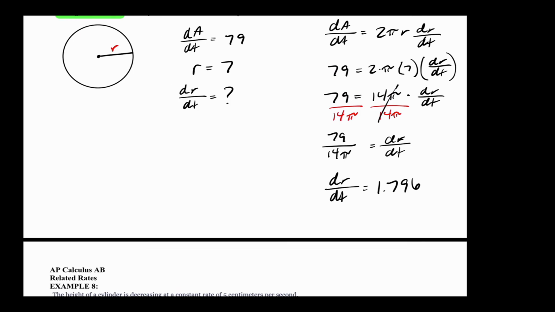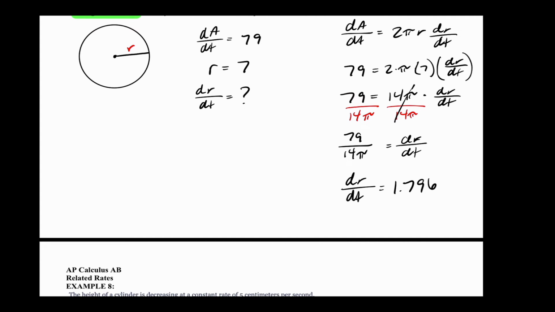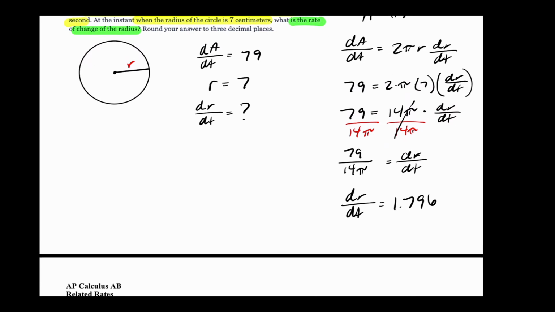How do we label that? How do we label dr/dt? There you go, centimeters per second. It's not an area, it's just a measurement, so it doesn't get a squared or a cubed. It's not an area or volume, it's just a measurement.